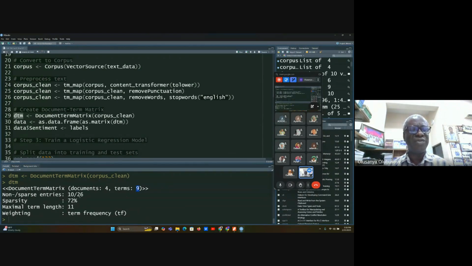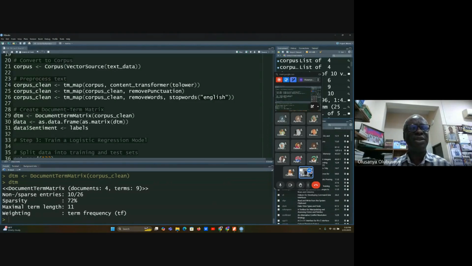All these other ones we will discuss their meanings later. Then we can now convert the document term matrix to a data frame using the as.data.frame function.